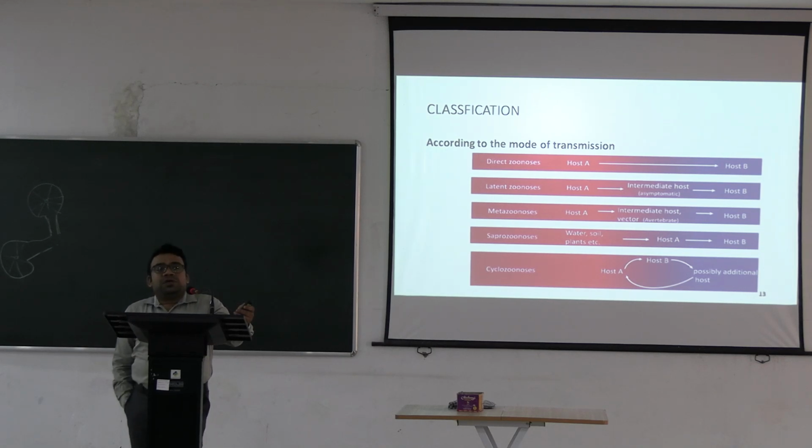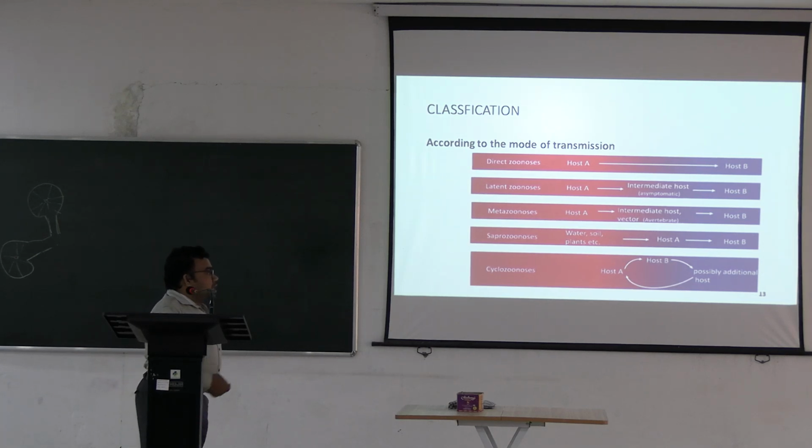Histoplasmosis is very commonly associated with bat or bird droppings. These droppings are found in the environment where, for example, bats live in caves. So if a human being gains access into the cave, he may inhale the bat droppings from that cave. So there is no direct transmission, but transmission from the environment. That is called saprozoonosis.